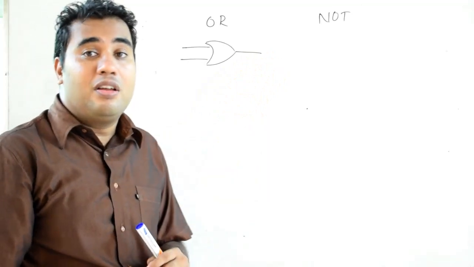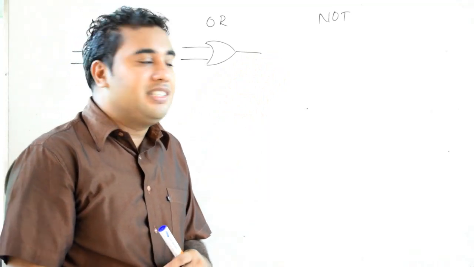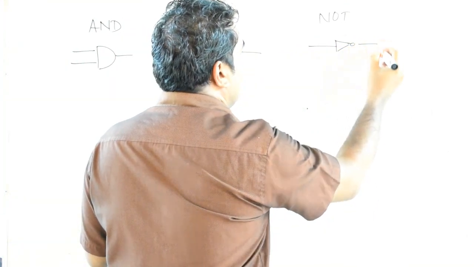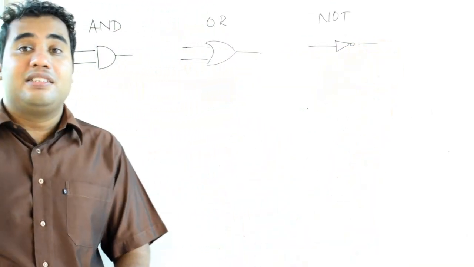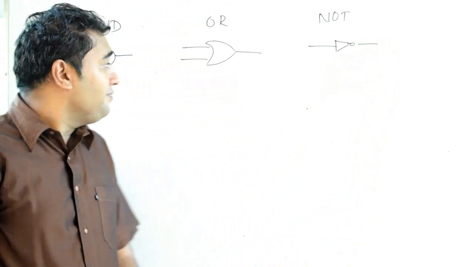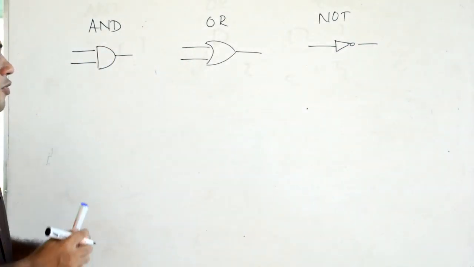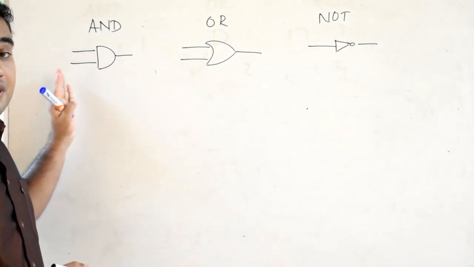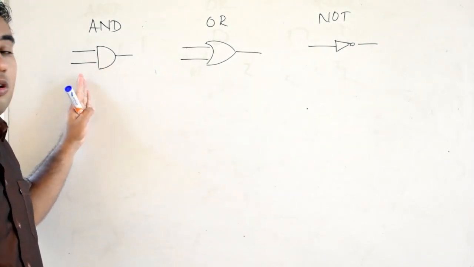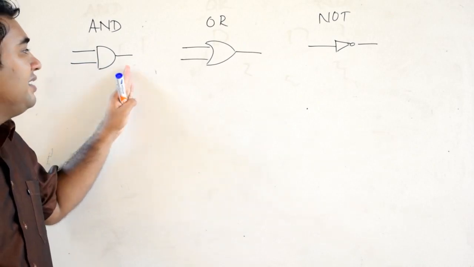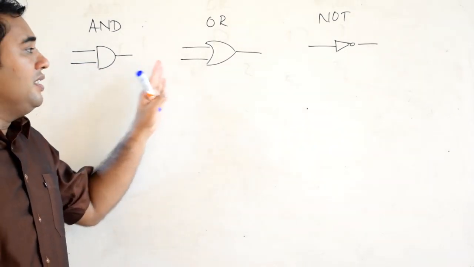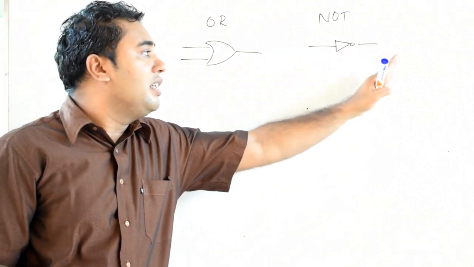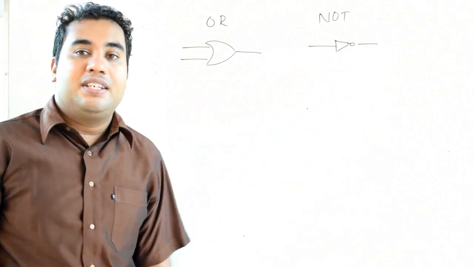And this is the symbol of the OR gate. And that is the NOT gate. When we look at a symbol, the left side of the main symbol is called the inputs, and this is the output. Inputs, output.